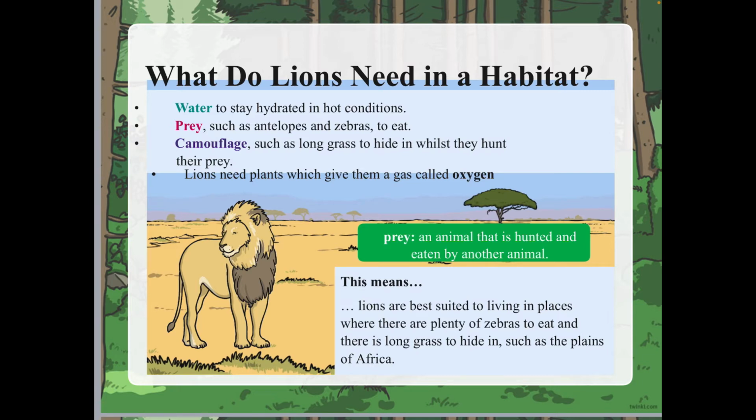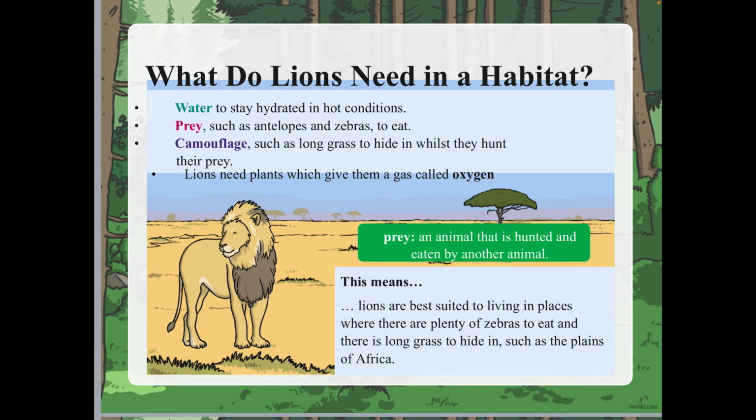They also need camouflage, which just gives them something to hide in, such as long grass, whilst they hunt their prey. Lions also need plants, which give them a gas called oxygen.